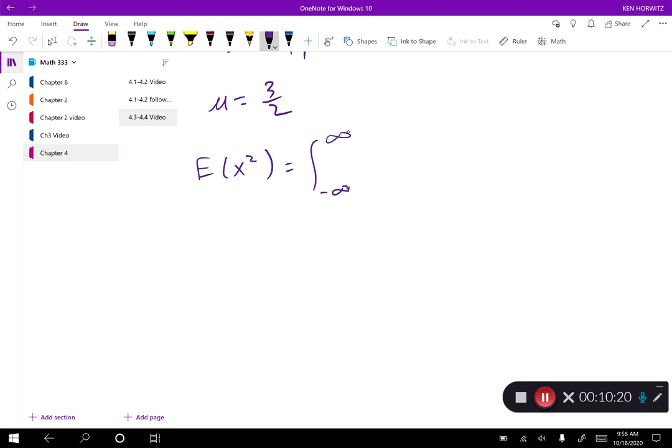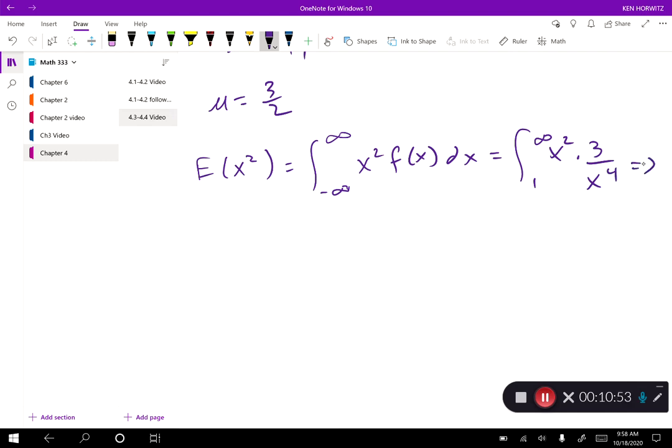Instead of x times f of x, it's going to be x squared times f of x dx. And once again, I'm only going to do where we're defined, which means I'm going to integrate from 1 to infinity. And now I want to bring my function into it. So it's x squared times 3 over x to the 4th.